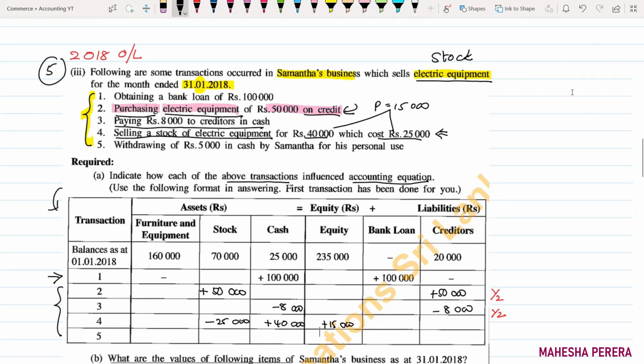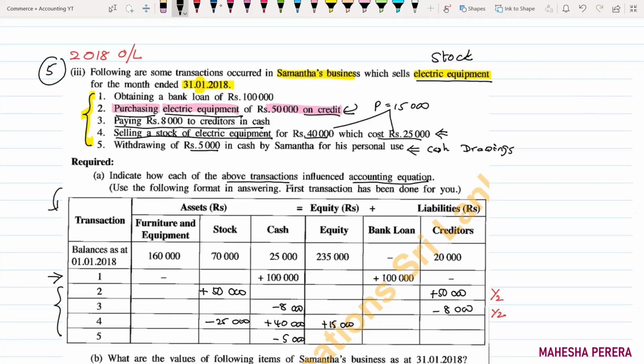And then the fifth transaction, withdrawing 5,000 in cash by Samantha for his personal use. What do you call this transaction in short? You call it cash drawings. So it's 5,000 rupees. What happens? The cash value of the business decreases by 5,000.